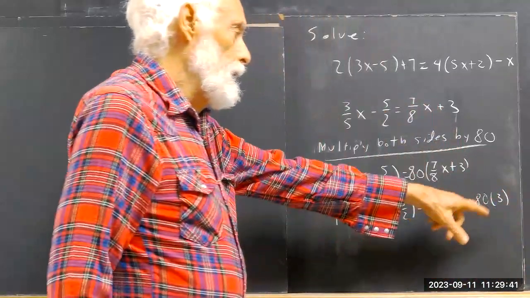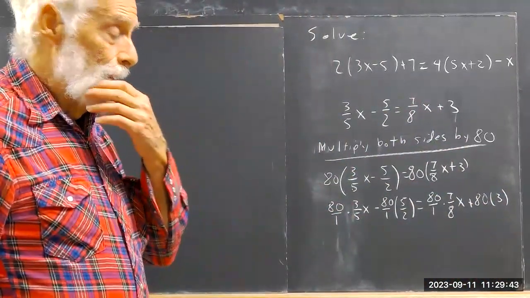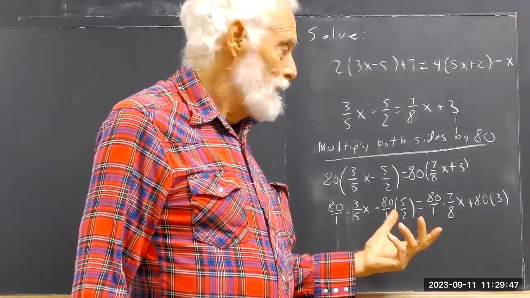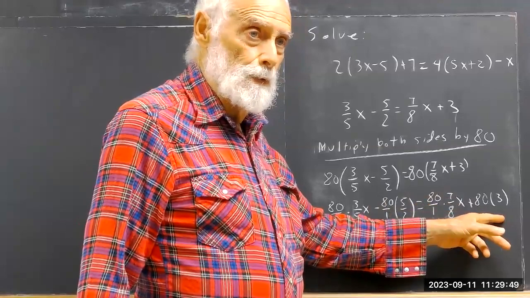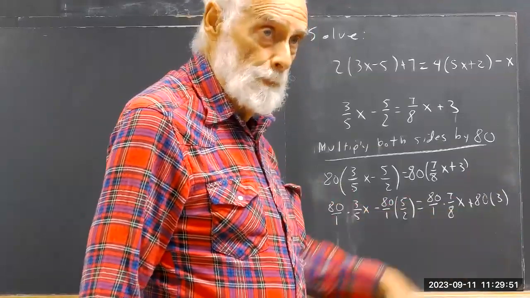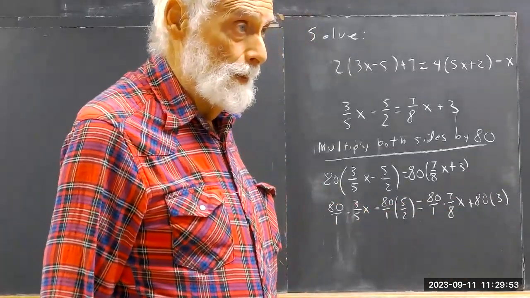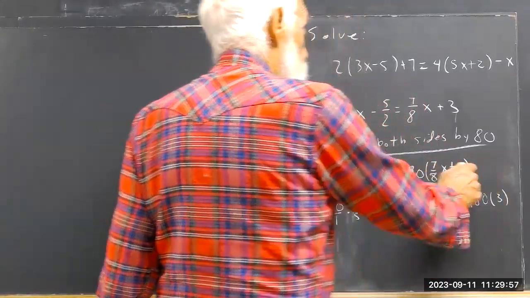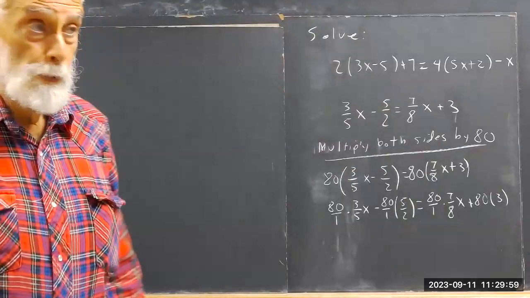There's a tendency to forget that 80 times 3. You're busy multiplying 80 by fractions, and you're doing that right. And then you forget to do 80 times 3. Now, I'm not sure anybody did, but that is a strong temptation. It's very easy to leave that off. And if you write it out like this, with the parentheses, you're less likely to do that.